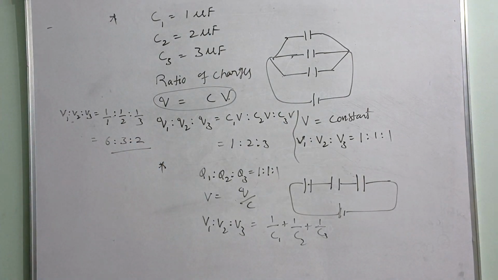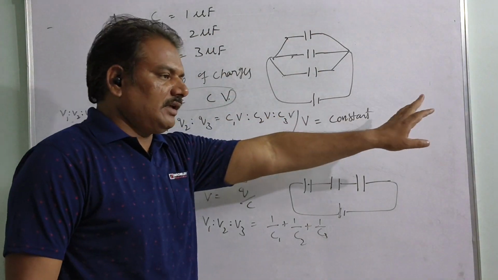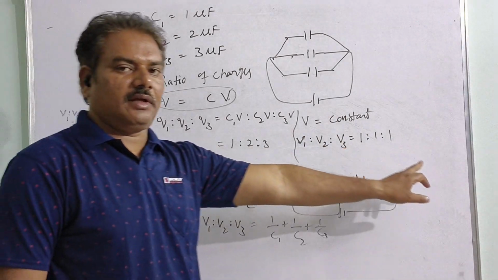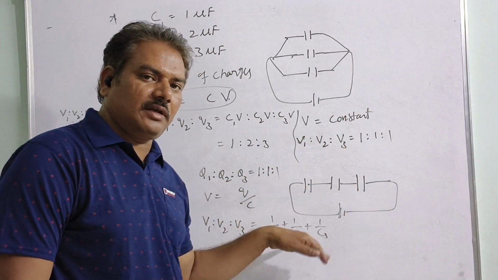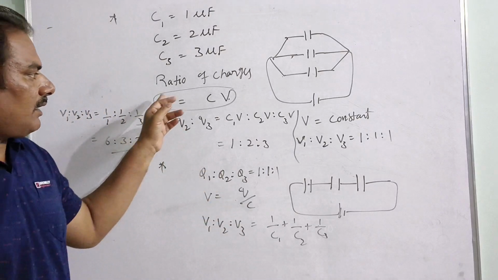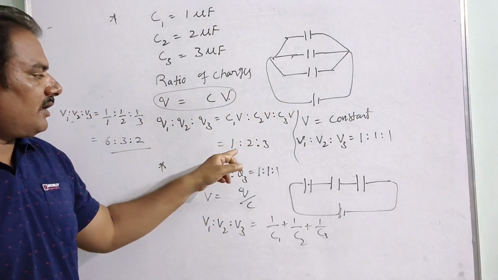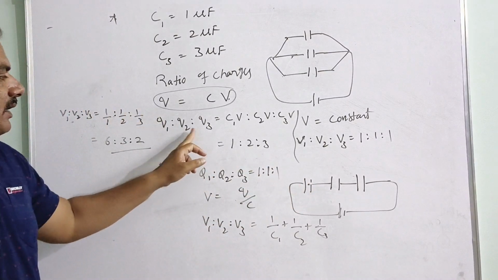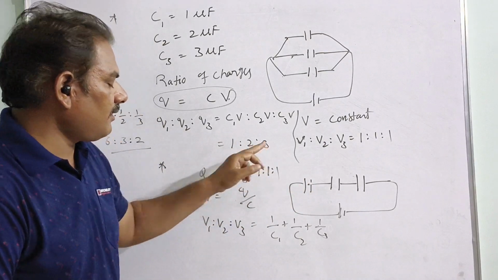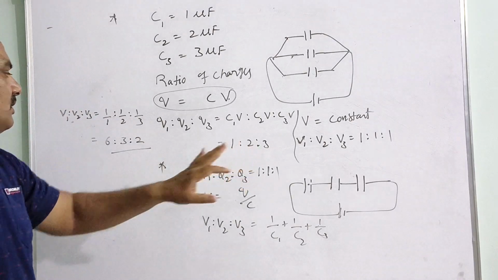So for the three capacitors connected in series and in parallel: in parallel combination, the potential is constant. In series combination, the charge is constant. In parallel combination, the charge ratio is 1 is to 2 is to 3.